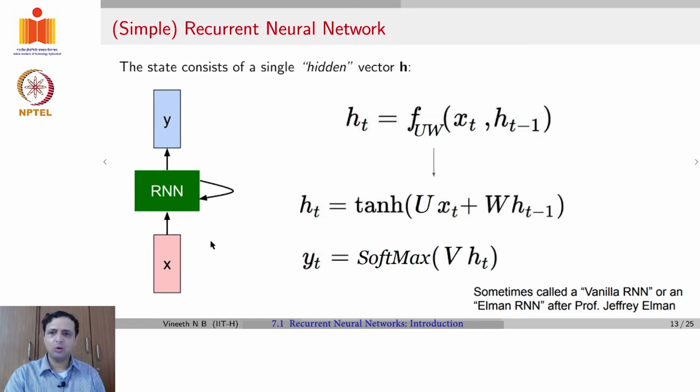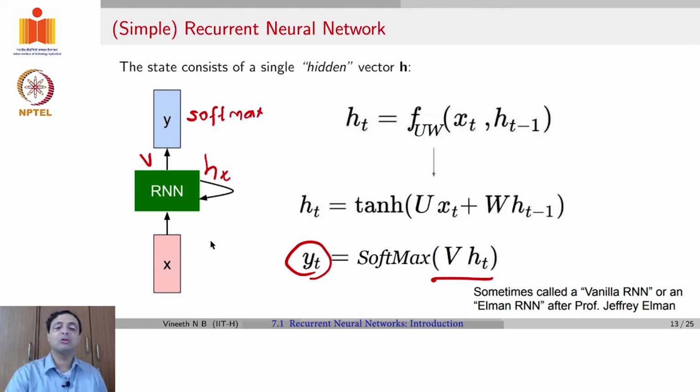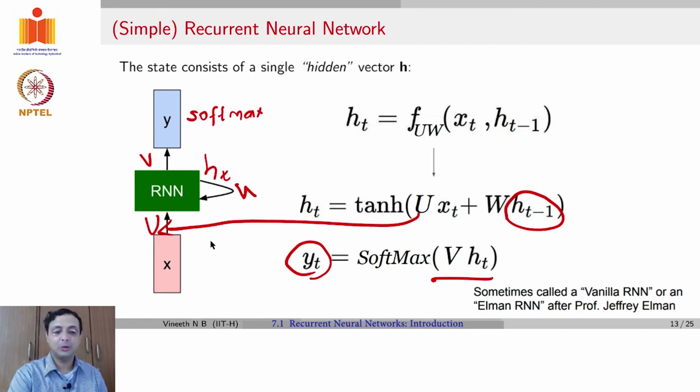So if you had an output ht that comes out of this RNN, then you have a set of weights v here, which multiplies ht, and then if you are dealing with a classification problem, you apply a softmax on that v ht to give your final output of the RNN. And the weights here going from x to RNN would be u, and the weights that look at ht minus 1 and give ht would be w.